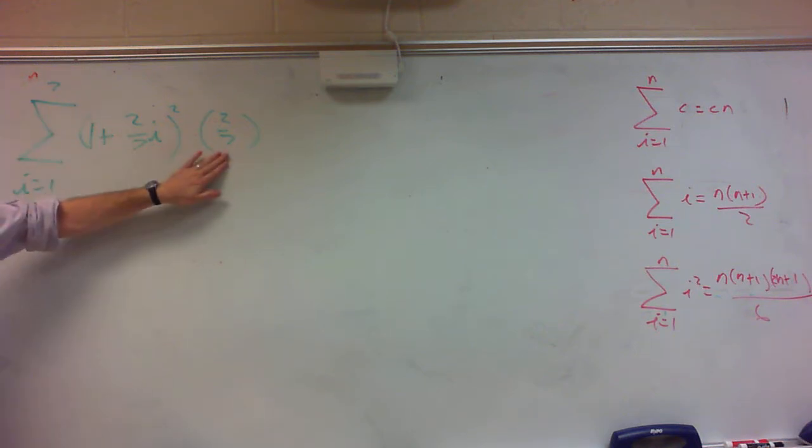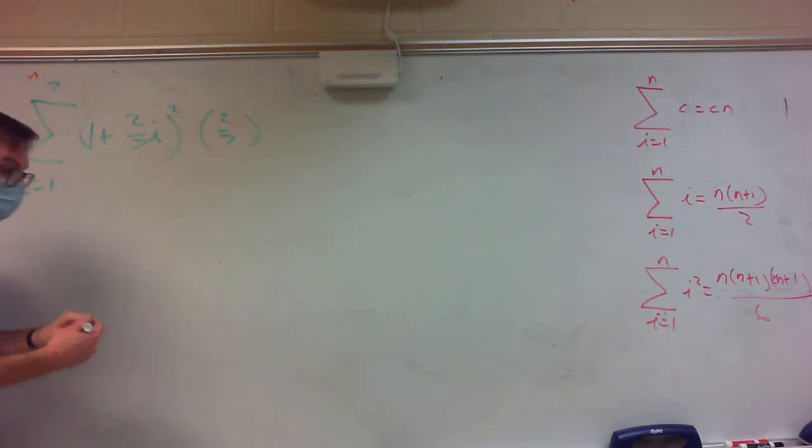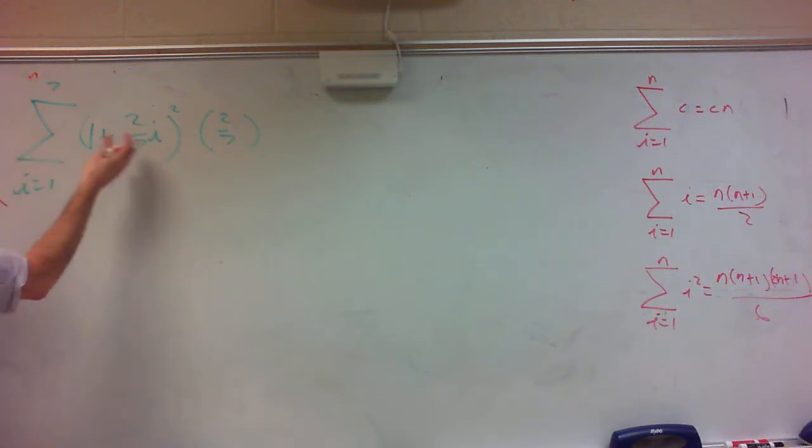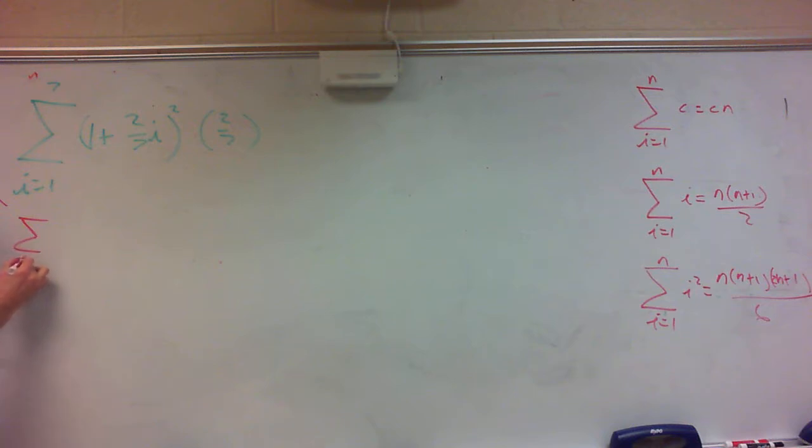Those have zero impact on the actual summation. So I can take that 2 over 7 and put it out here, and then I have this summation from i equals 1 to 7 of this thing.